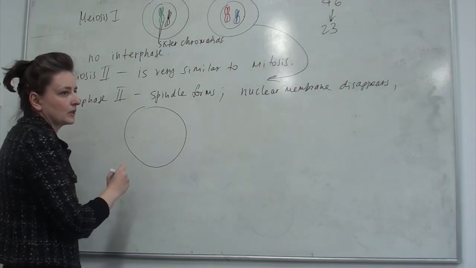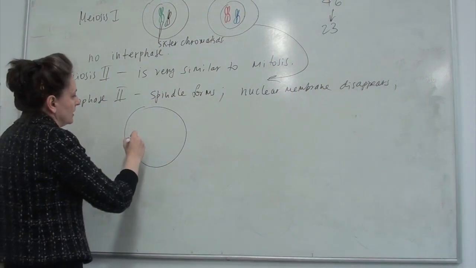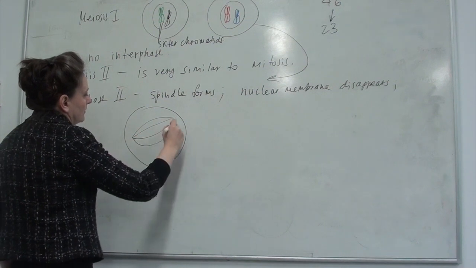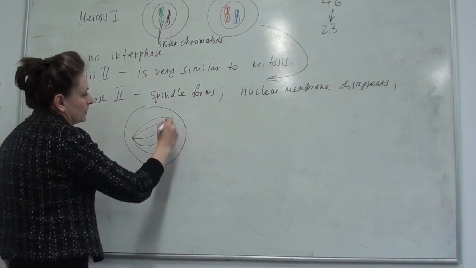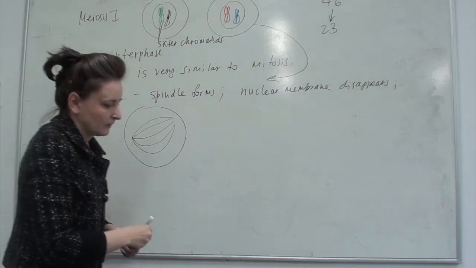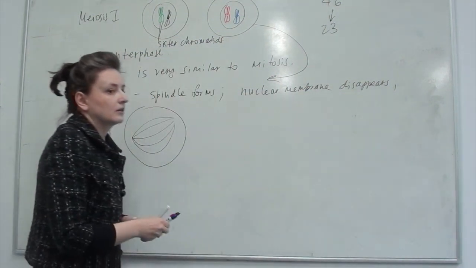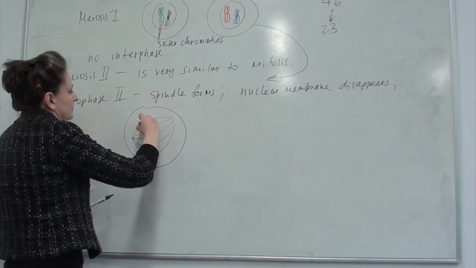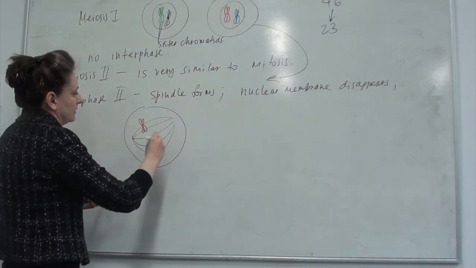So again, depending whether it's early or late prophase. You'd have the beginning of your spindle fiber, the nuclear membrane is going to be starting to disappear, and your chromosomes would get attached again to those spindle fibers. So something like that.